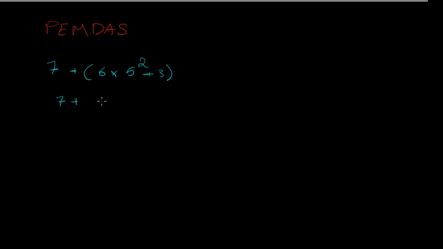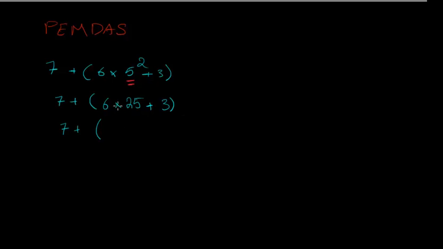So first we are going to work from inside the parentheses out. The first thing we do is solve the exponent. So 6 times 5 squared means 5 times 5 is 25, plus 3. Now we have multiplication and addition. According to PEMDAS, first we do multiplication, then the addition.